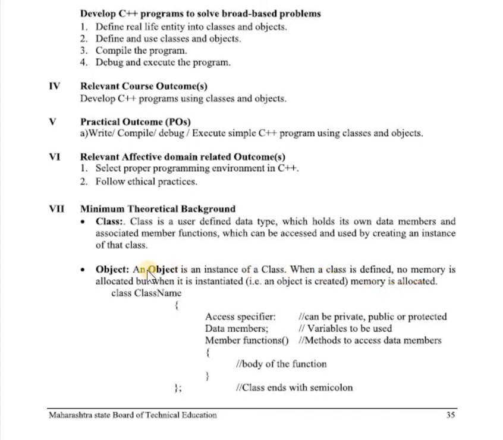In short, a class is a collection of objects and an object is an instance of a class. An object is any real-time entity.